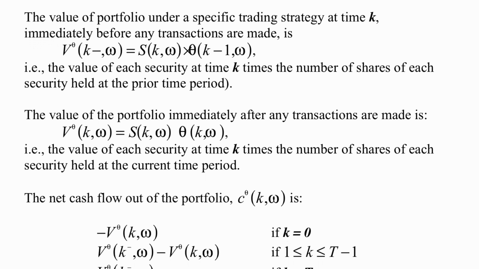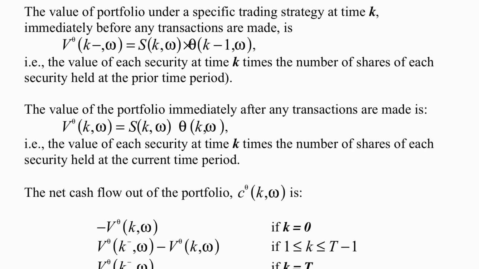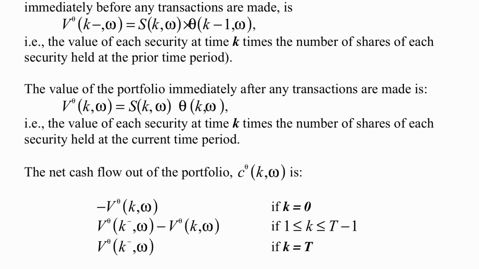The value of the portfolio under a specific trading strategy theta at time k, immediately before any transactions are made, is V_theta(k-, omega) equal to S(k, omega) times theta(k-1, omega). So the value of each security at time k times the number of shares of each security held at the prior time period.